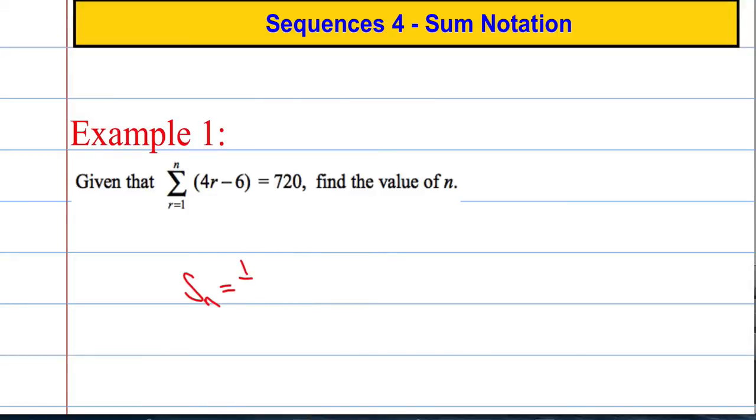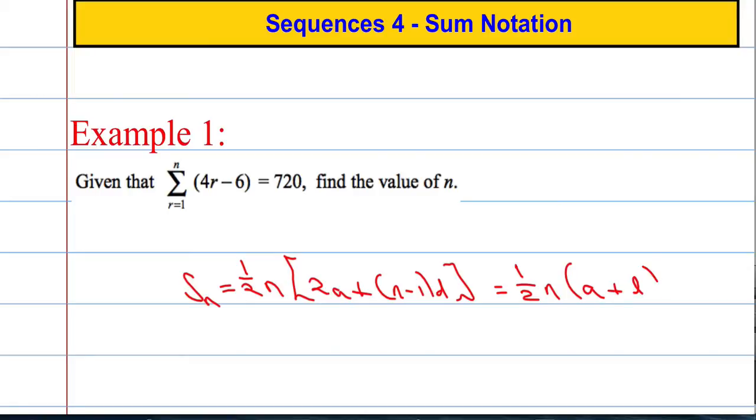I'm going to write it as a half times n times (2a plus (n minus 1) times d). Or another way was to write it as n over 2, which I'll write as a half n times (a plus l). So they're the 2 formulas we should be familiar with.